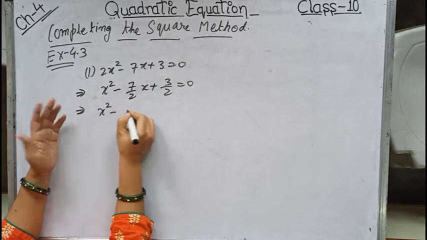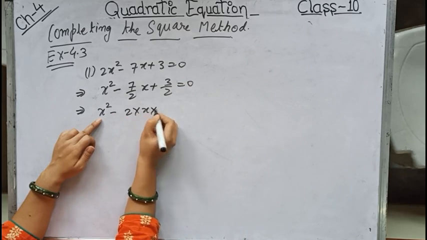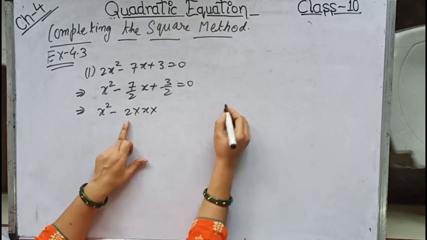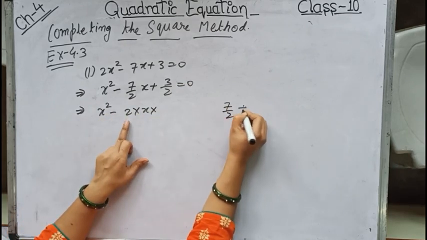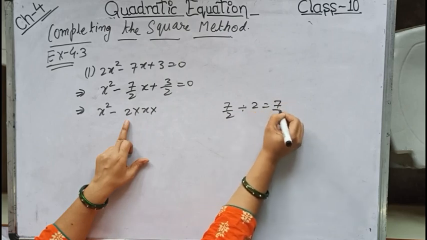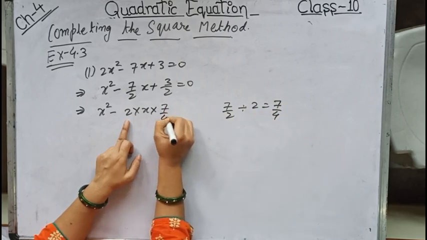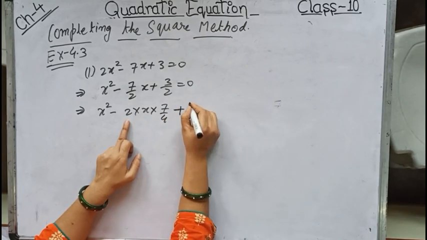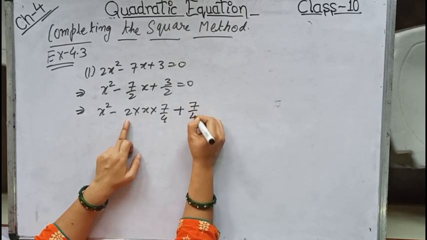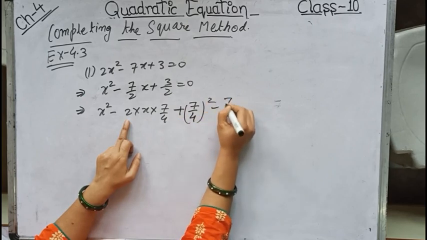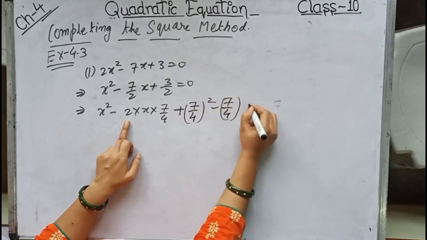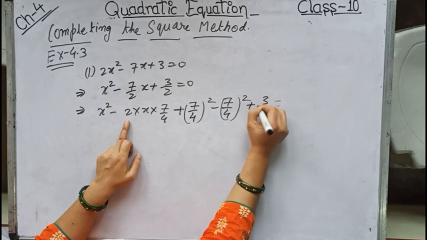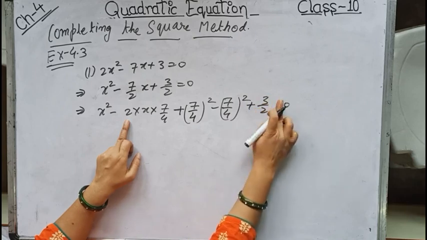This implies x square minus 2 into x into, what shall I write to become 7 by 2? So 7 by 2 divided by 2 will become 7 by 4. So over here plus 7 by 4 whole square minus 7 by 4 whole square plus 3 by 2 equals 0.